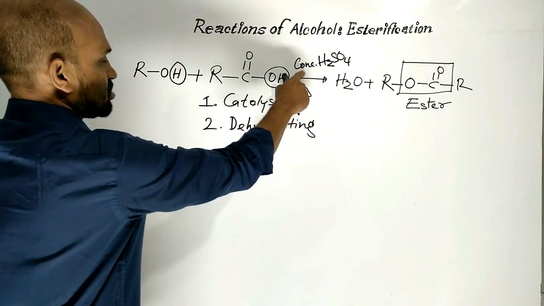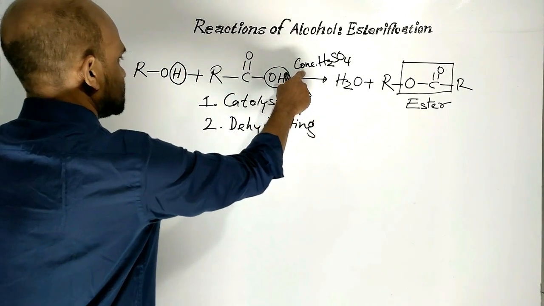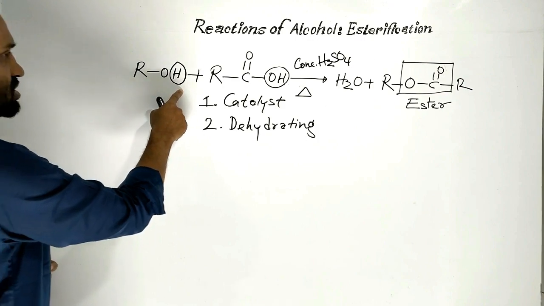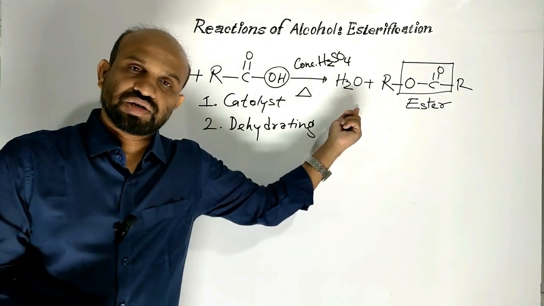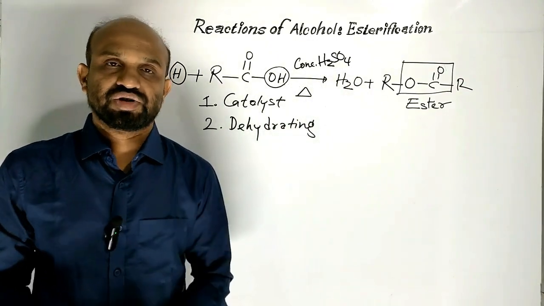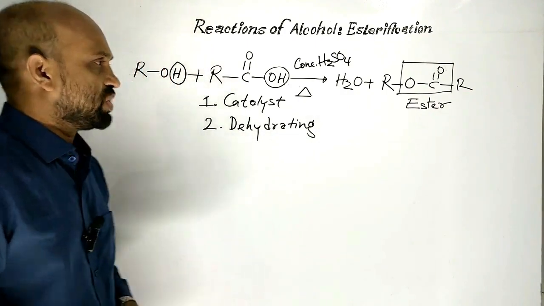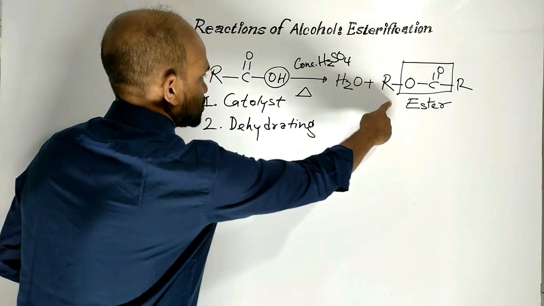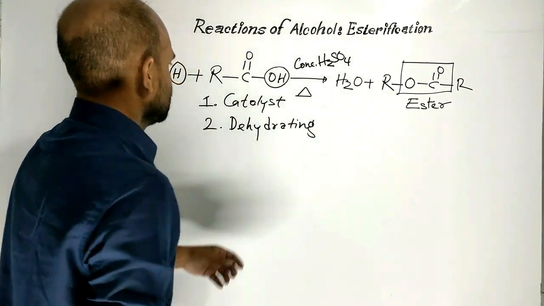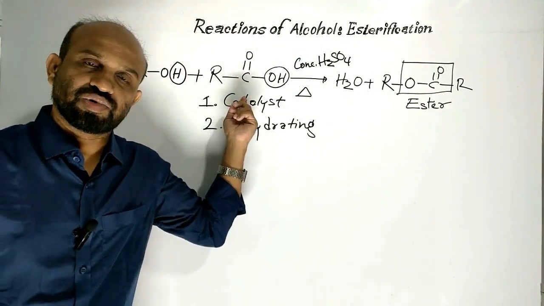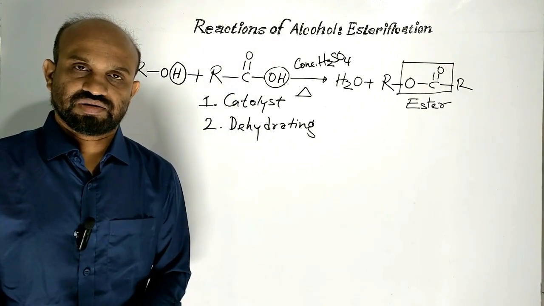When concentrated sulfuric acid is added to the reaction, then the reaction becomes irreversible. So this is the reaction by which ester is formed. That is why this reaction is a kind of esterification reaction.